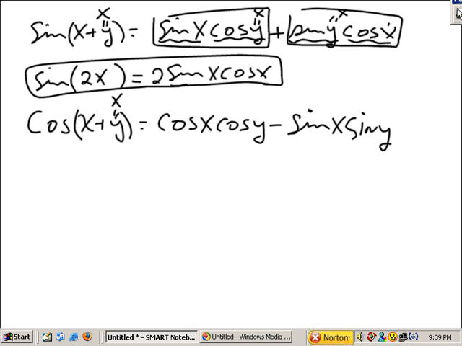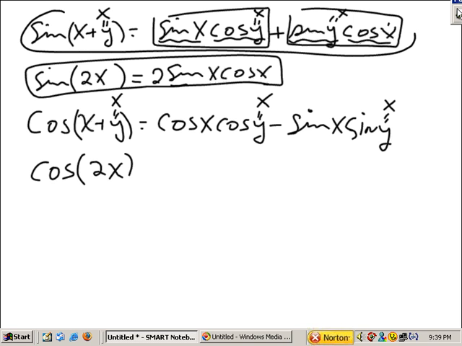What if y is x? What if y happens to be x? Well, on the left, we have cosine of x plus x, but x plus x is 2x. Notice I'm getting these formulas for free. I'm just memorizing, say, this one, and then I replace y with x. And bingo, I get that formula.